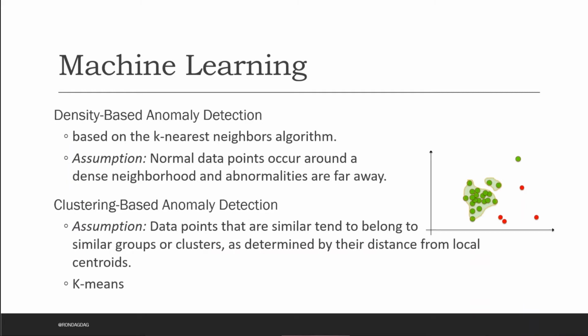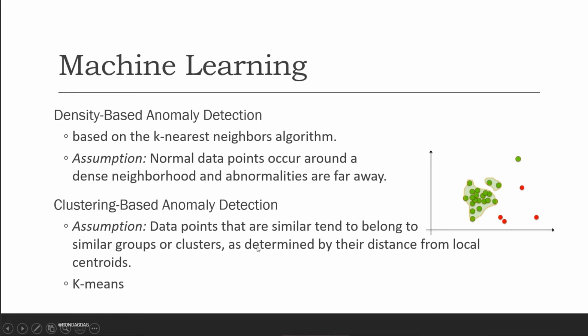You can do anomaly detection using density-based methods, where you might use a k-nearest neighbor algorithm in which the data points are close to each other, and if they're outside the norm, you specify, hey, that's an anomaly.